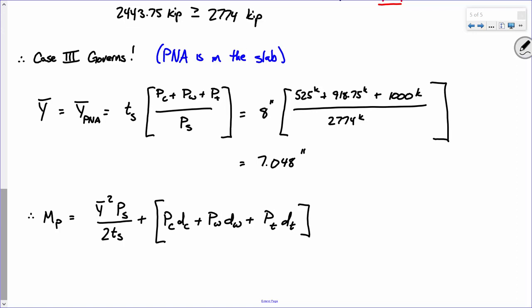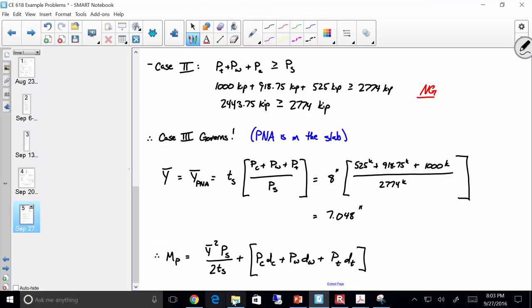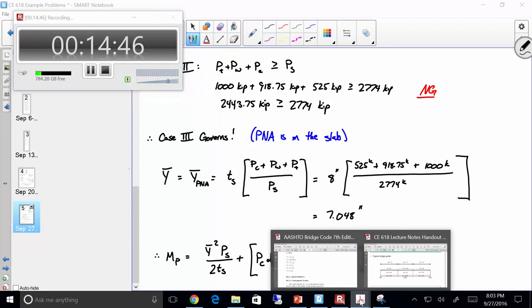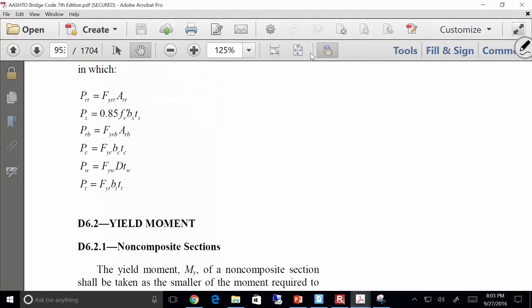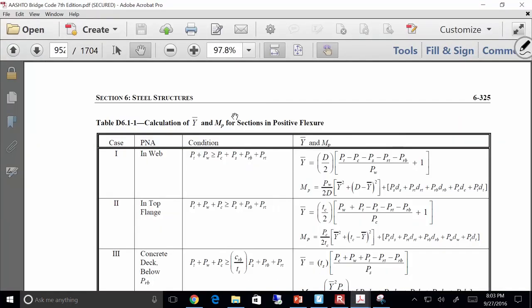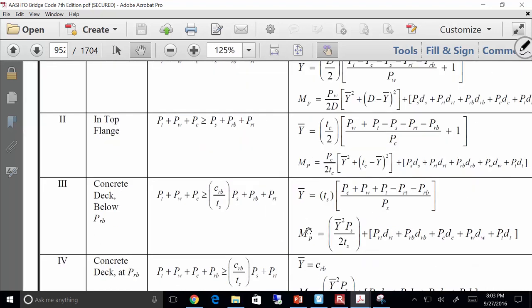So far, so good? And again, where am I getting that? All I'm doing is going to my table, and I'm saying, okay, I'm in case 3, so here's my expression right next to case 3, and I'm just setting these terms equal to 0, right?